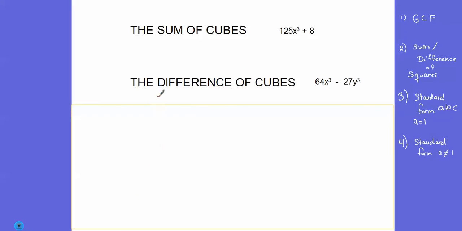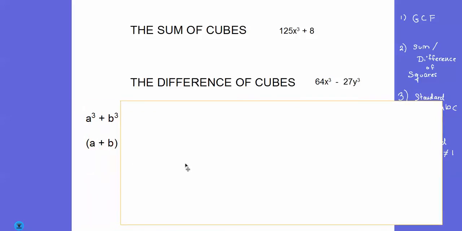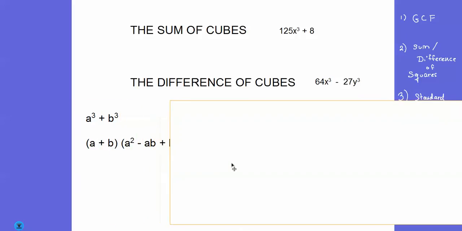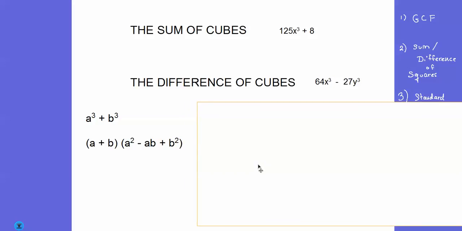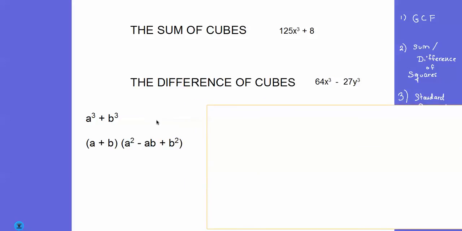This, however, needs memorization. So, first, here is the pattern, or maybe the formula, that you would need to remember for the sum of cubes. If you have a sum of cubes, where you have a cubed plus b cubed, it will separate into two parts.